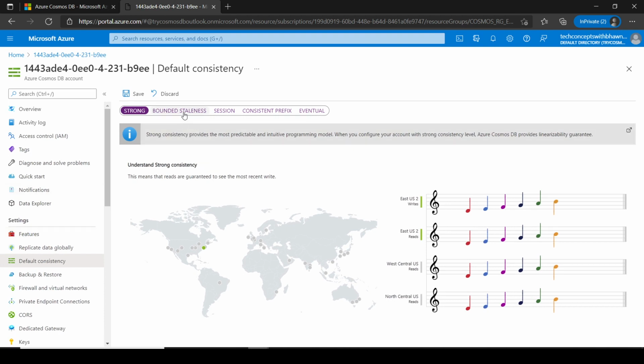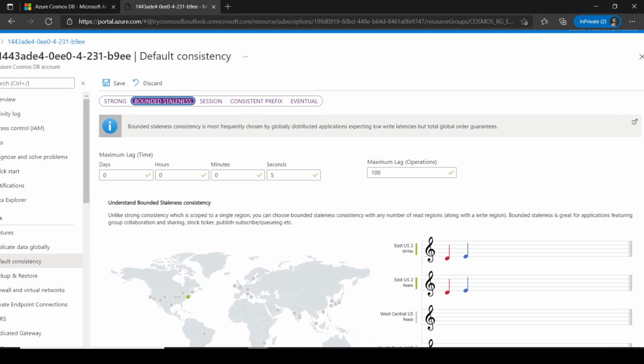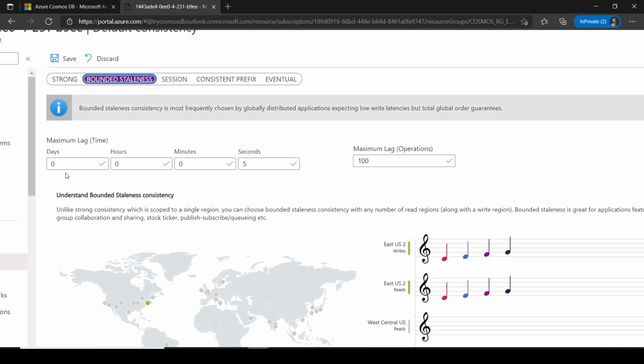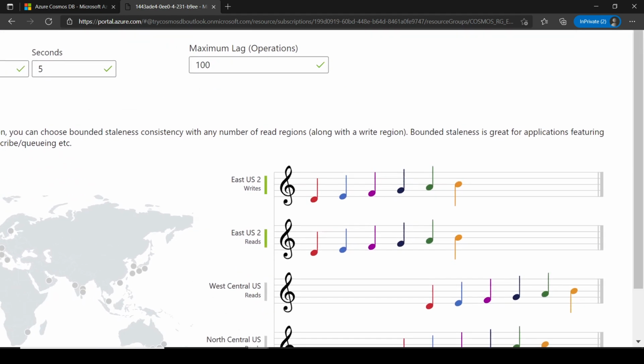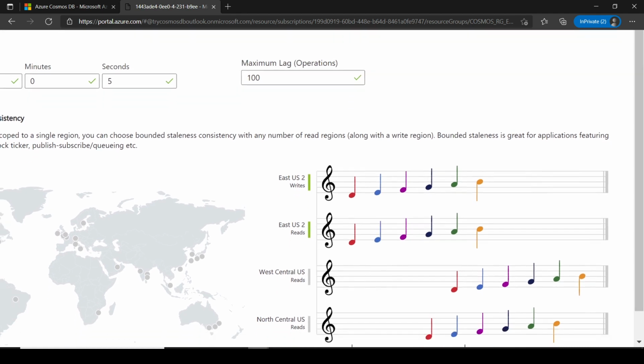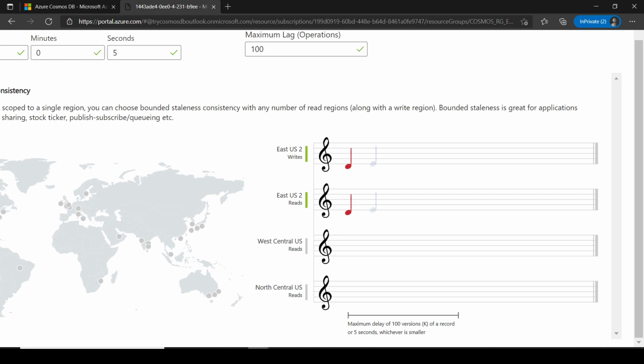Now the second one is bounded staleness. If I click on bounded staleness, you can see on the top that you have to define the time lag. Let me zoom in on this visual again. This is a very nice visual. Let me put it on the screen in the right way. Now I guess you'll be able to see. If a person is writing in East US 2, a person in the same region will be able to read the data in the same order at the same time.